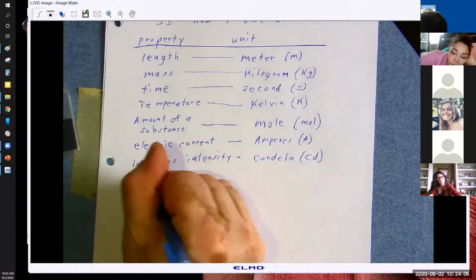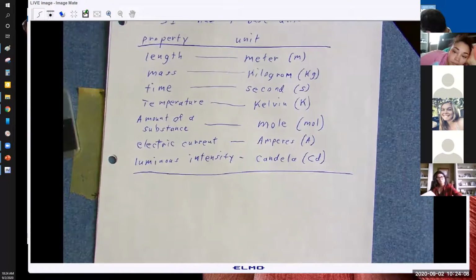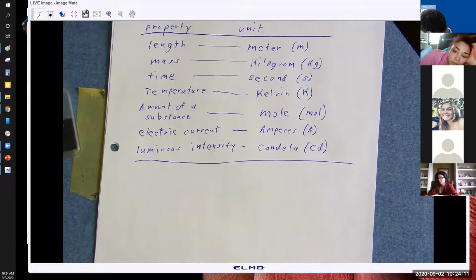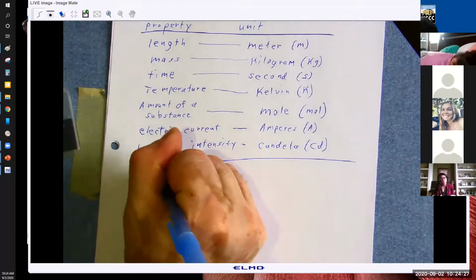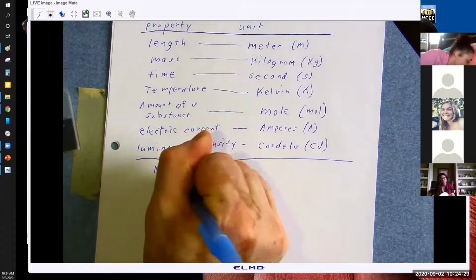So I just want to make a note on conversion here. At some point, you're going to start converting units. Maybe I should do this first. Yeah, I'll just do the conversions.